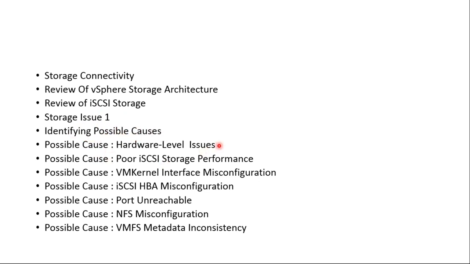Possible causes are hardware level issues, poor iSCSI storage performance, VMkernel interface misconfiguration, iSCSI HBA misconfiguration, port unreachable, NFS misconfiguration, and VMFS metadata inconsistency. So let's see what the storage issue is on the storage issue slide. Then we can discuss the possible causes for storage issue 1.